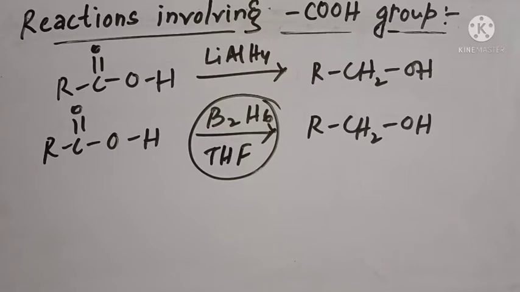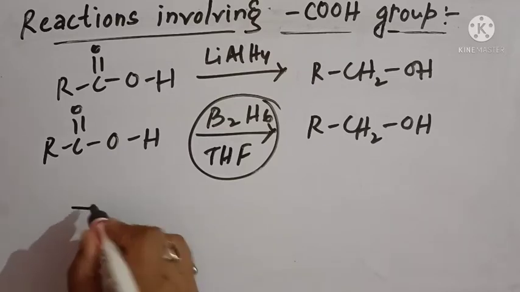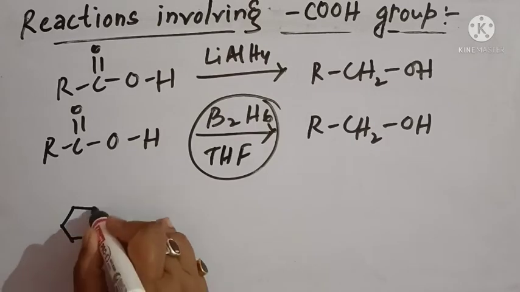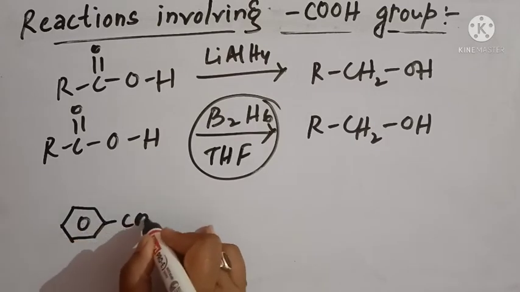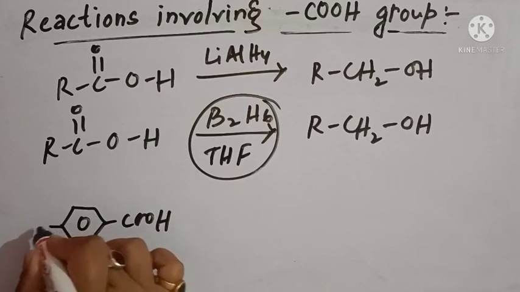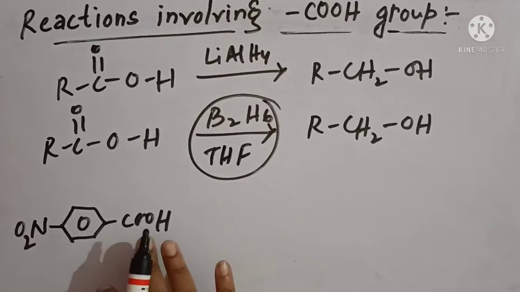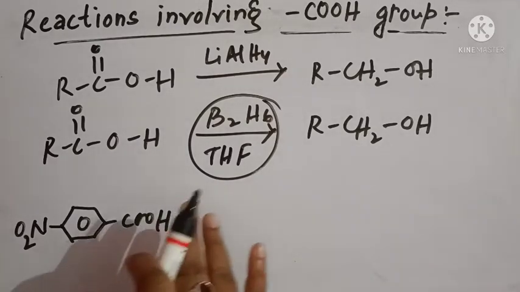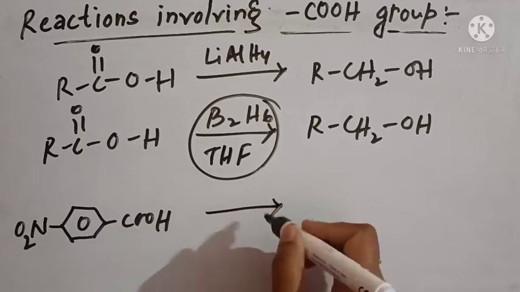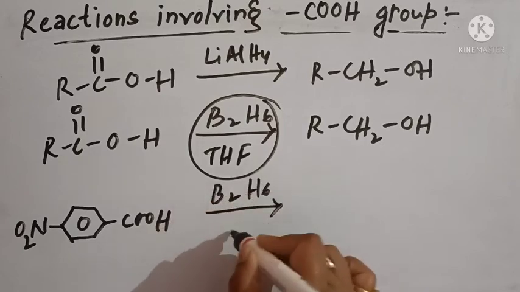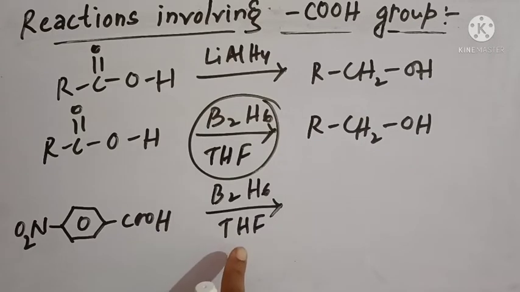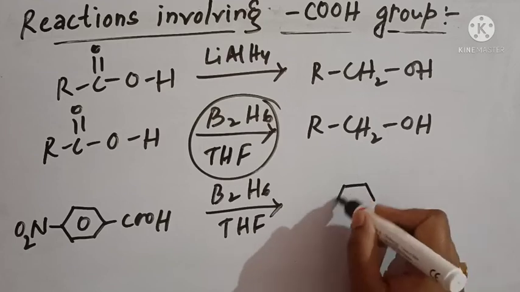If I write one reaction, for example para-nitrobenzoic acid, and I want to prepare the benzyl alcohol by reducing just the carboxylic acid and not the nitro group, I can simply use this reagent.